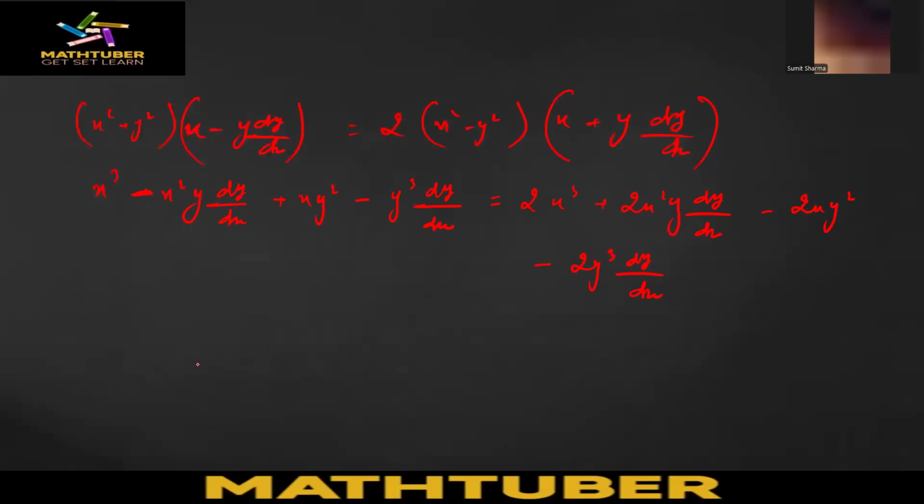So now take all the dy by dx terms to one side so that we can take dy by dx common, and the non dy by dx terms to the other side. It is 2y cube minus x square y minus y cube minus 2x square y dy by dx is equal to 2x cube minus 2xy square minus x cube minus xy square.